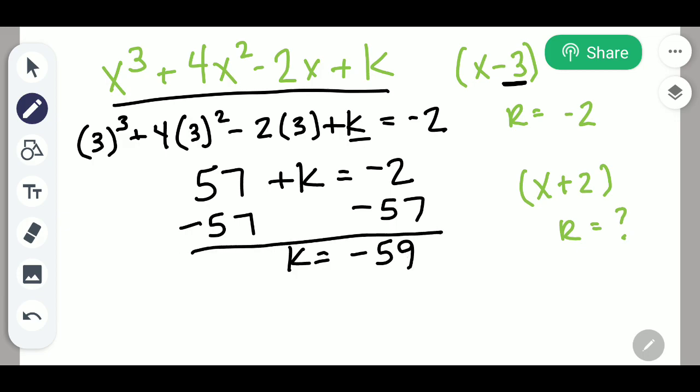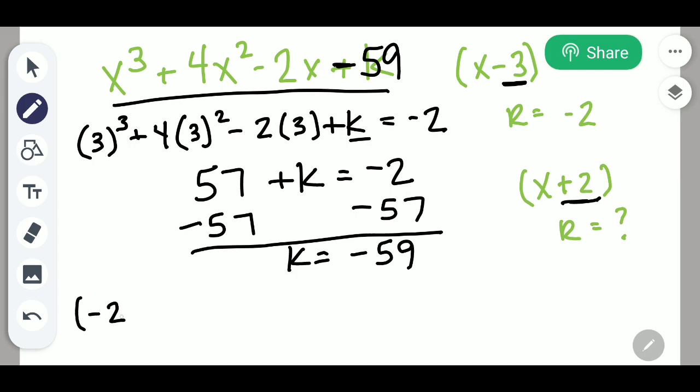So now that we know k, the next question is, what is the remainder when you divide it by x plus 2? So I'm going to change it up here real quick. We found out that k is now -59. So that's our new function. We have to plug in a -2 to find this remainder.